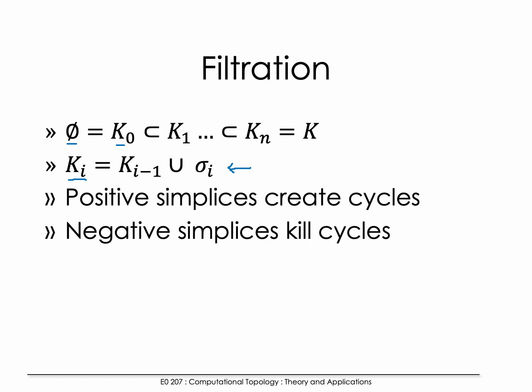So if sigma sub I is a k-simplex, then it creates a k-cycle, or it kills a (k minus 1)-cycle. So we want to associate a sign with each simplex, and we call a simplex positive if it creates a cycle during its insertion, and we call it negative if it kills or destroys a cycle.